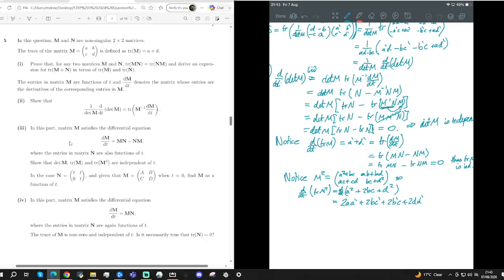Well, the thing above isn't going to really help. The fact that the trace of MN equals NM, that's the trace of MM trivially equals trace of MM. It's not an addition. Can I use the differential equation that we set up in part 2 to force an M squared?